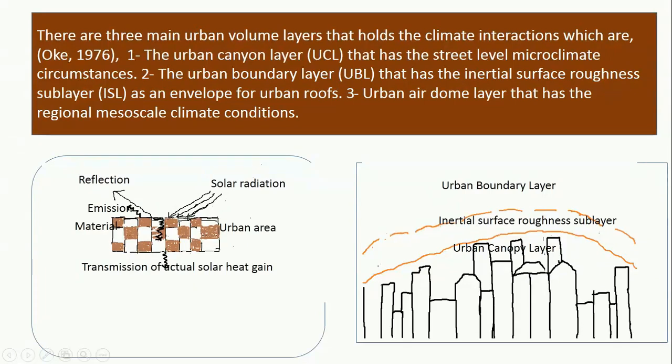So it depends on the material, which materials the buildings are made of. There are some materials which reflect back. If the rooftop is white colored, the reflection is high.